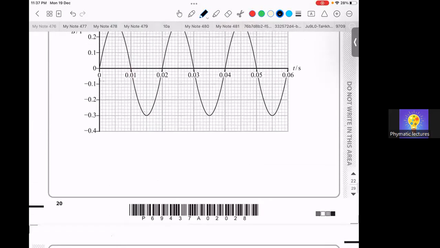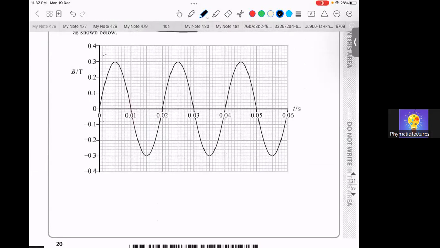So see the graph. Which points give the maximum negative gradient?